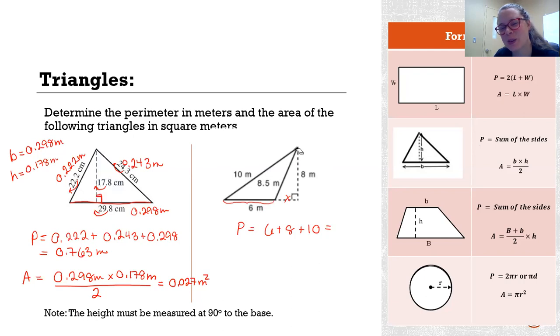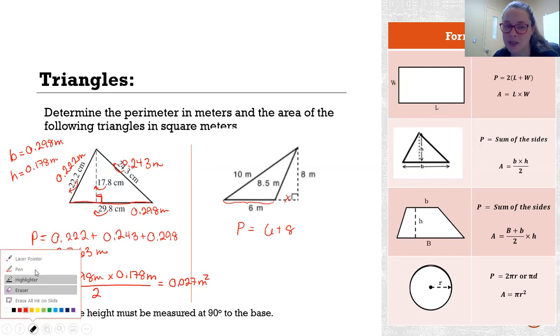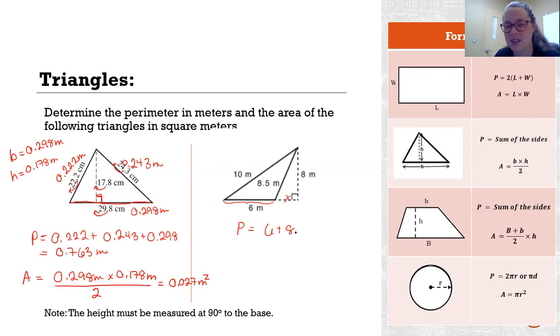But for perimeter, I want to include 10, 6, and 8.5. So I need to include that longer side. So we'll just go back and add that in. That's a really easy error to make, and it's funny because I picked this question intentionally because of that, and that just goes to show without enough coffee, even I can make that error.